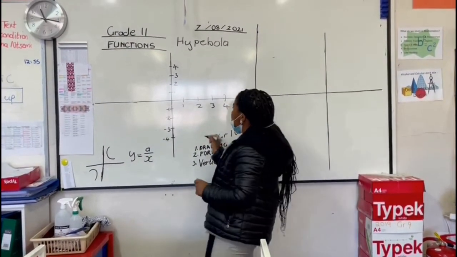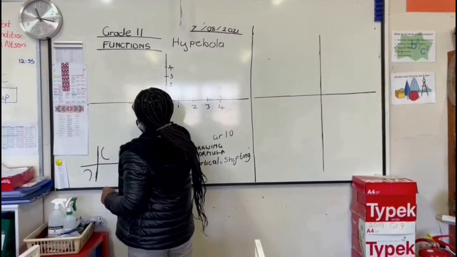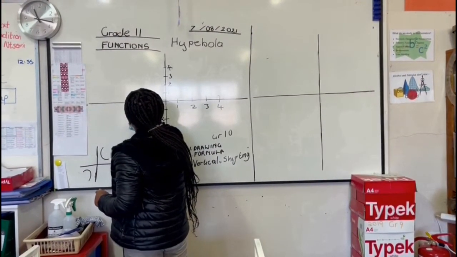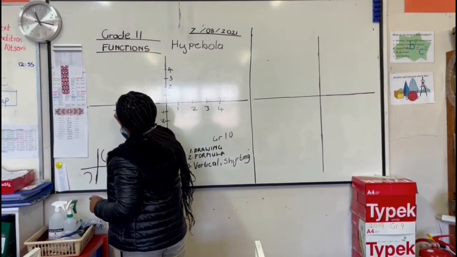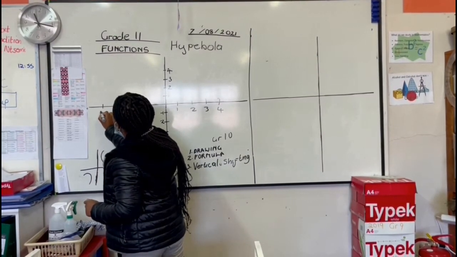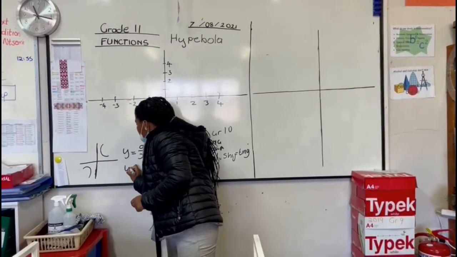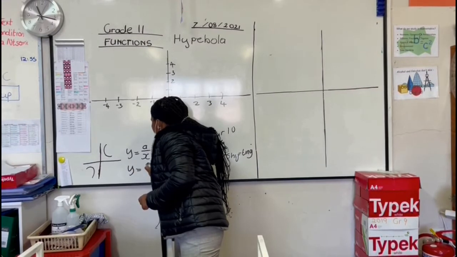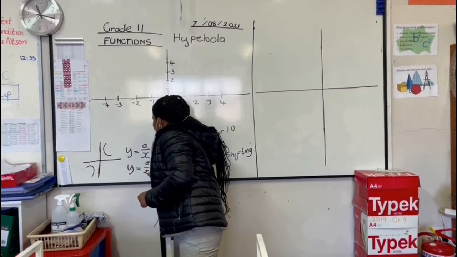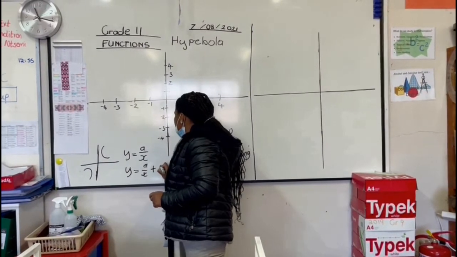Yes, so the formula of a hyperbola, if you've shifted vertically, will go from this one to y equals a over x plus q.